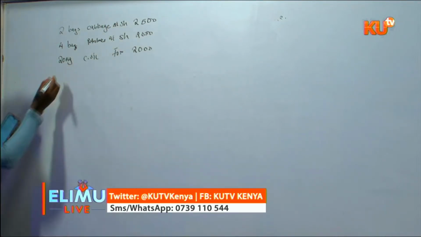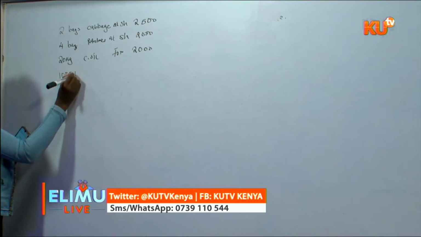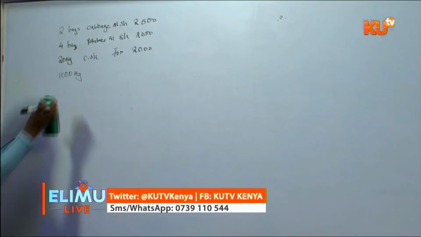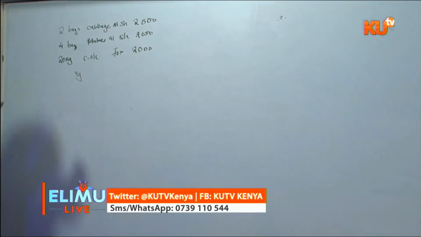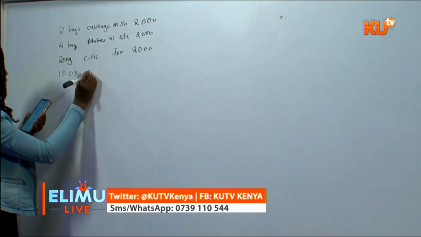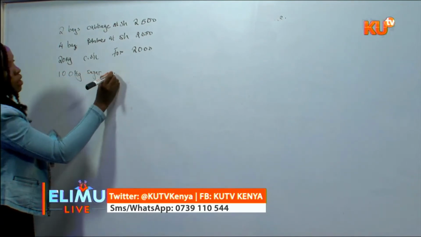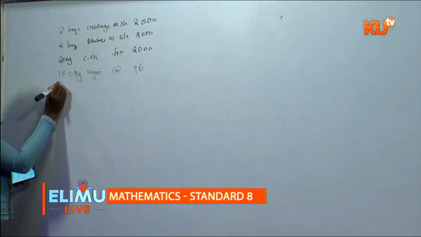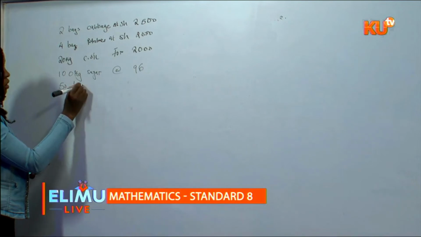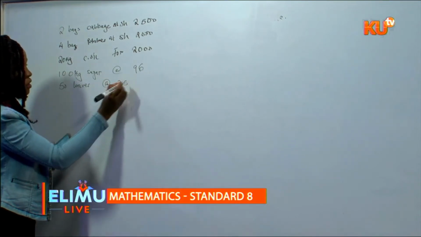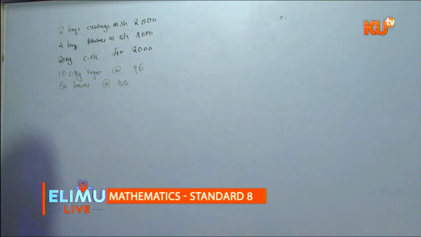And then we have 100 kgs of sugar at 96 shillings, and then 50 loaves at 35 shillings. So we get the total amount of money that this person used.